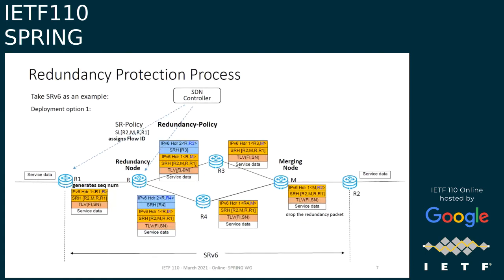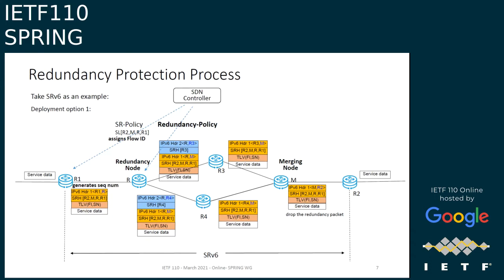Here we take SRv6 as an example to explain the process of redundancy protection, and I give two options. The difference between the two options is whether we assign the flow ID and generate the sequence number at the ingress node of the SRv6 domain, or at a specific redundancy node, when the redundancy node is not the first node, not the ingress node of the SRv6 domain.